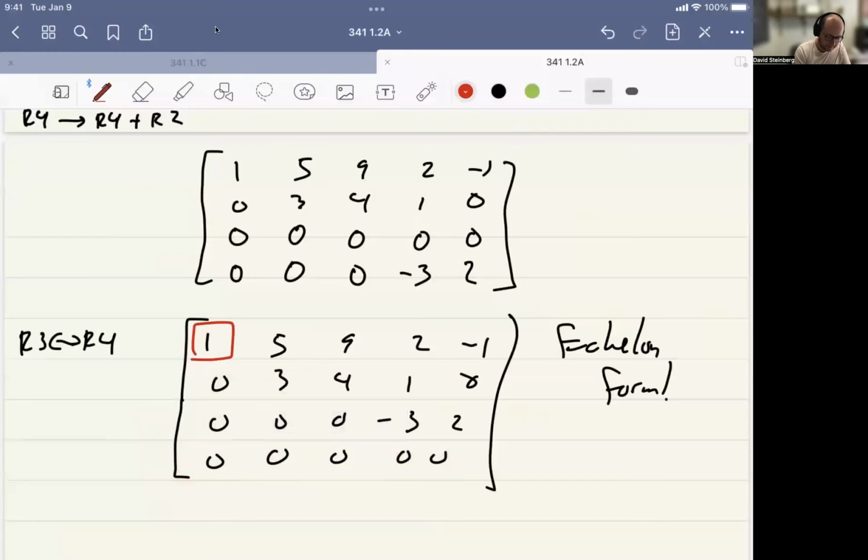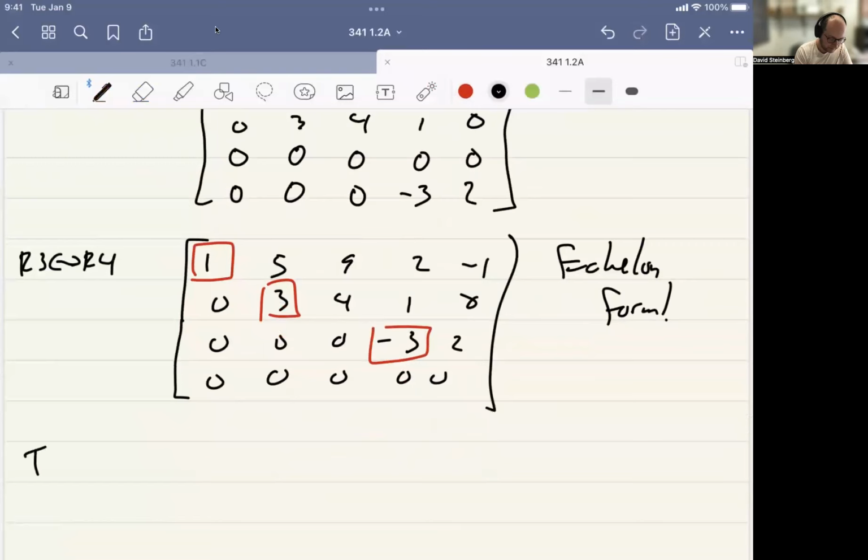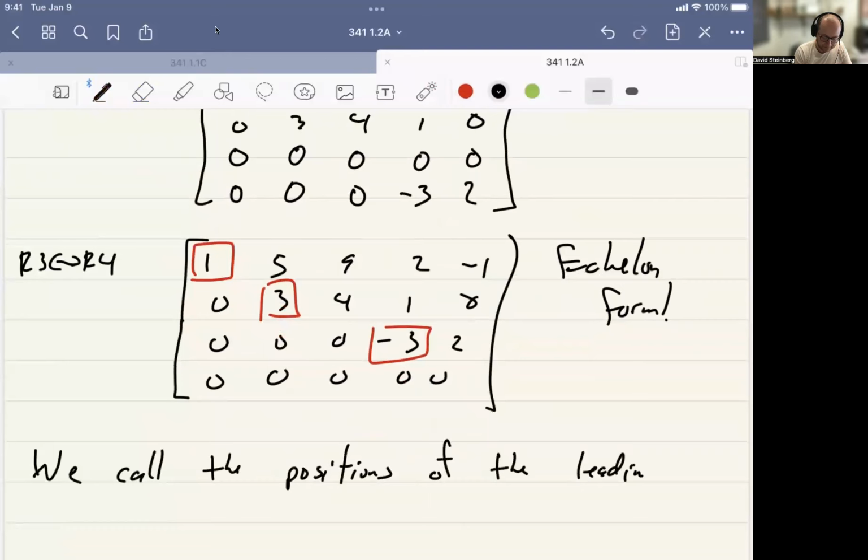These are the locations in the matrix of the leading entries. We call the positions of the leading entries pivot positions.